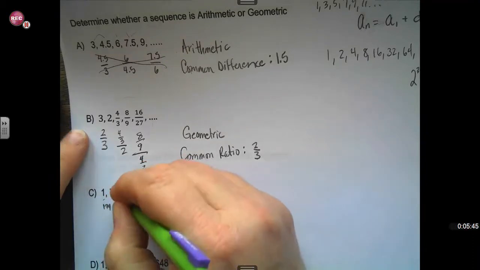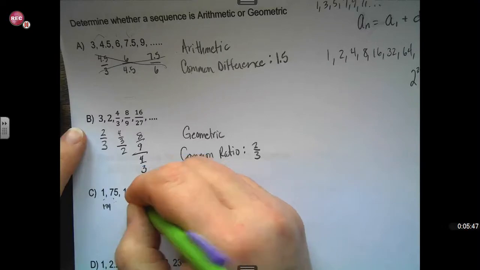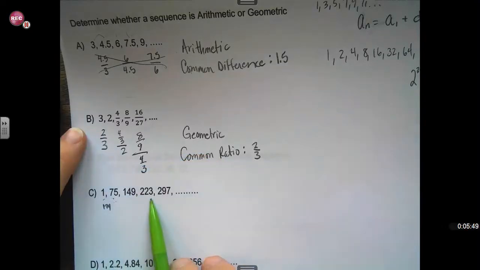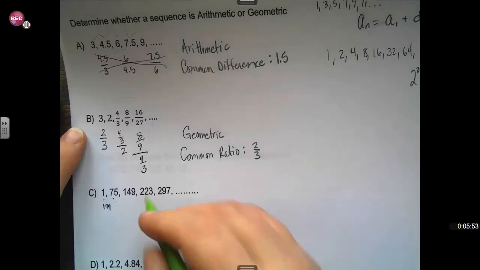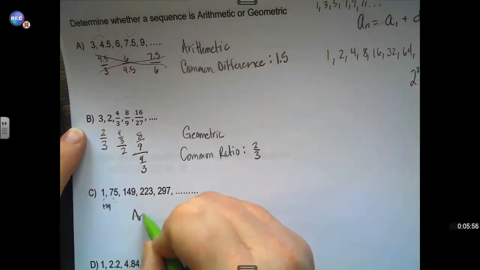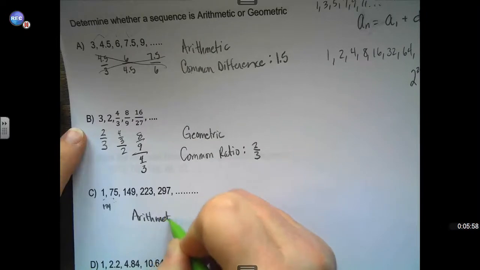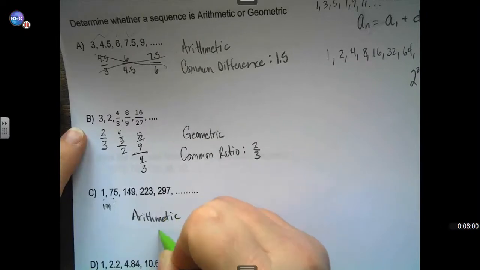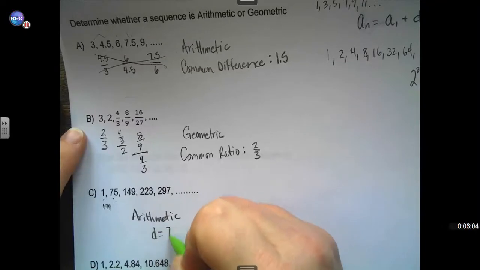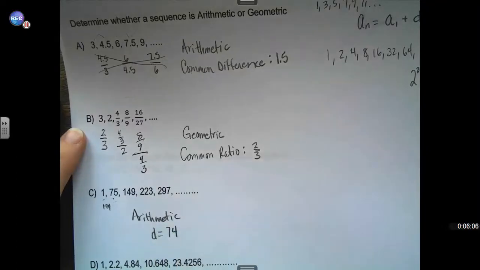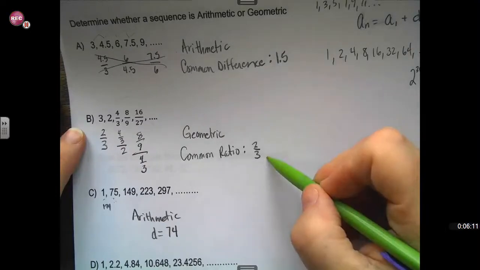And then if I add 74 again, I get 149. And if I add 74 again, I get 223. So this is arithmetic, and the common difference is 74. The common difference for arithmetic, we call that d. The common ratio for geometric, we're going to call that r.